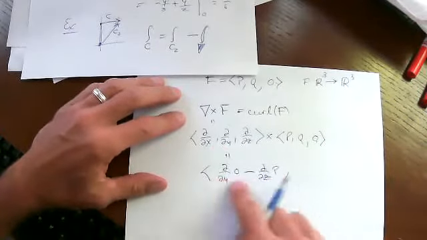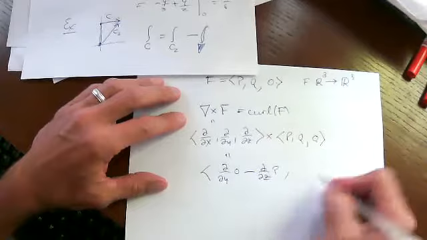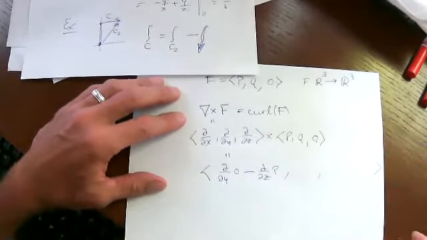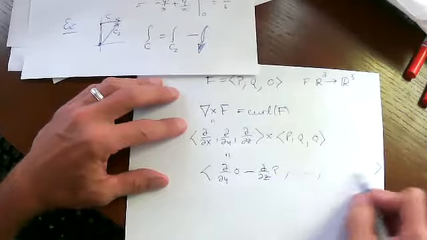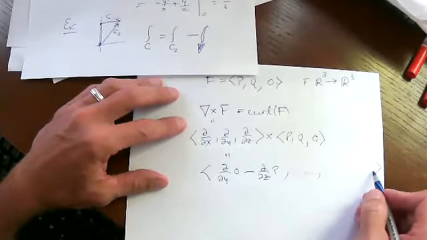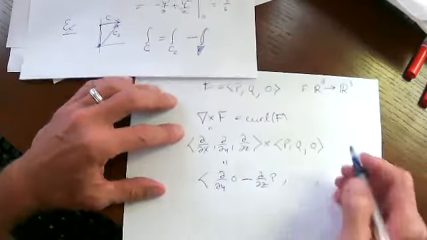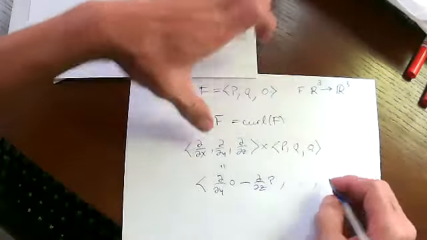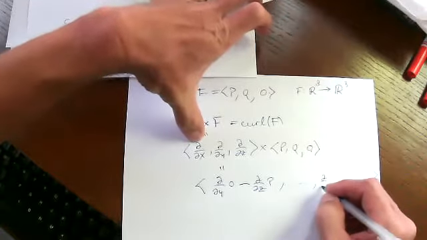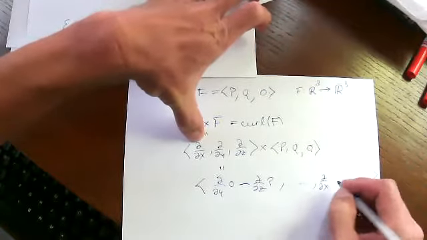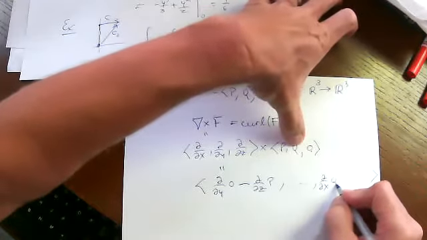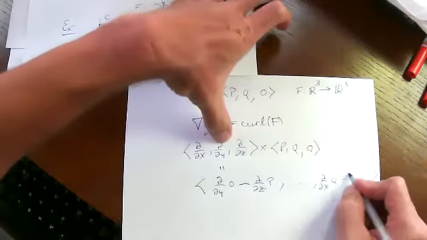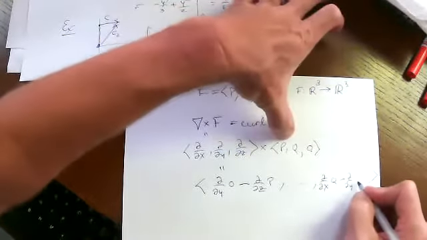So that will be the first component of this cross product, and then there's two more terms to worry about. Well, I'll skip this one because it'll be very much like this one. I'll just draw your attention to the third component. The third component of the cross product is likewise, it's the first component here times the second component here minus the second component here times the first component there.